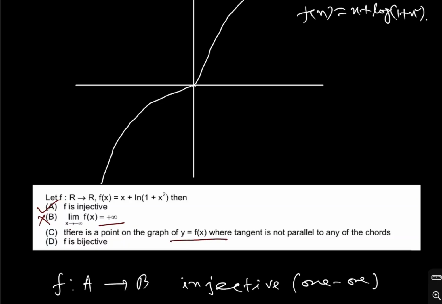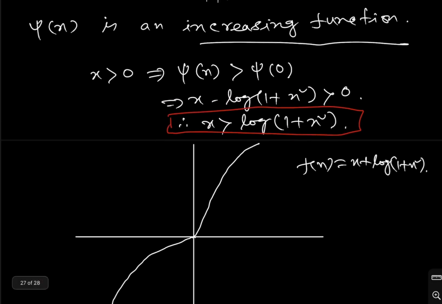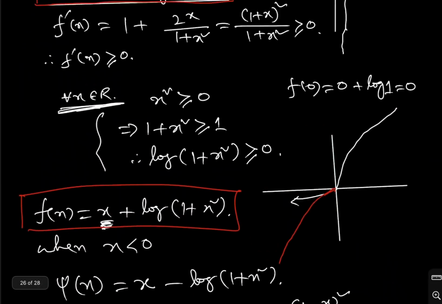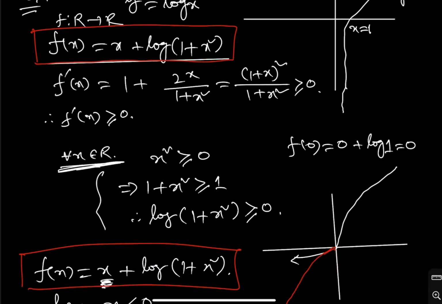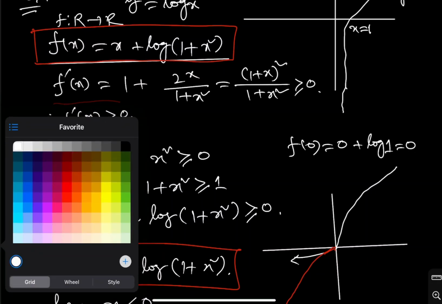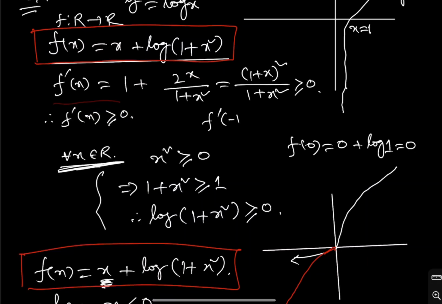And option C is given, there is a point on the graph y is equal to f(x) where the tangent is not parallel to any chord. Okay, go back to the problem. What is f dash x? f dash x equals (1 plus x) whole square by (1 plus x square). Here, as you can see, if we put x equal to minus 1, the numerator becomes 0.